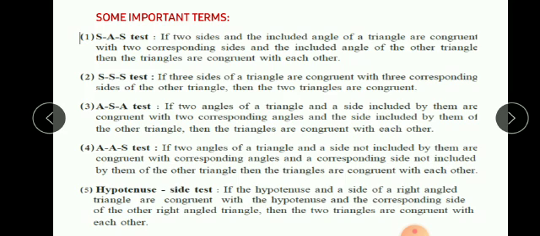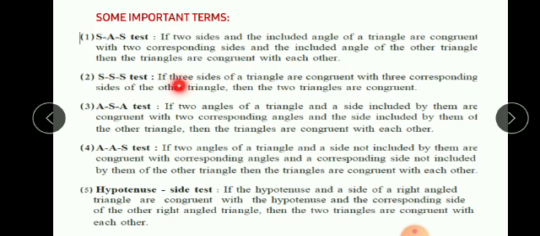Which tests are given? First is SAS test. What is the statement of SAS test? If two sides and the included angle of a triangle are congruent with two corresponding sides and the included angle of the other triangle, then the triangles are congruent with each other.